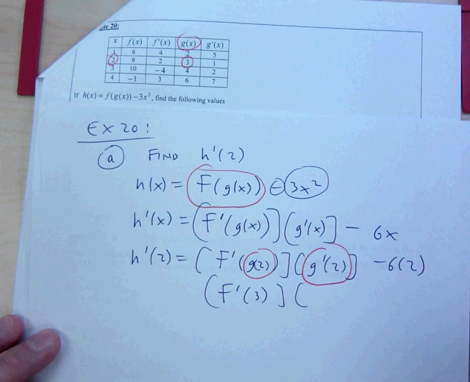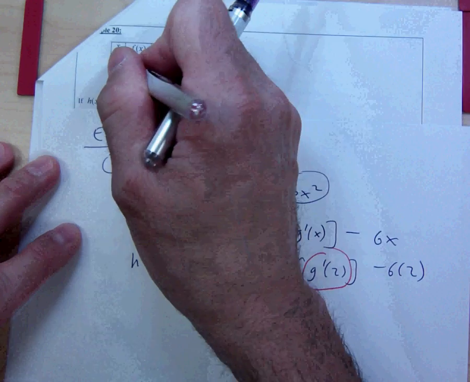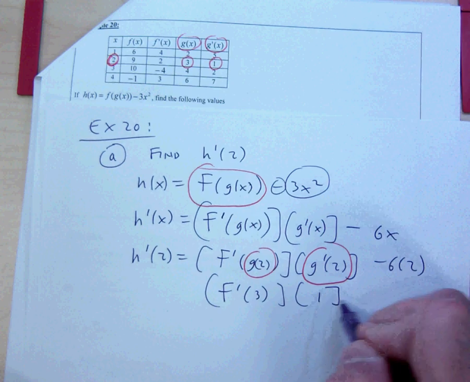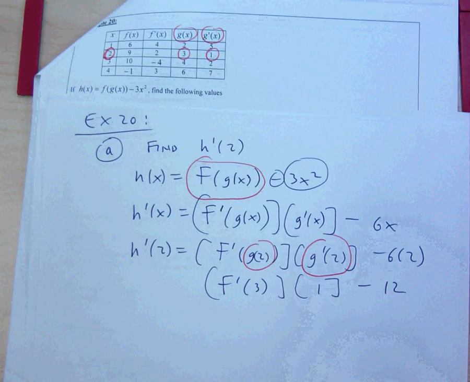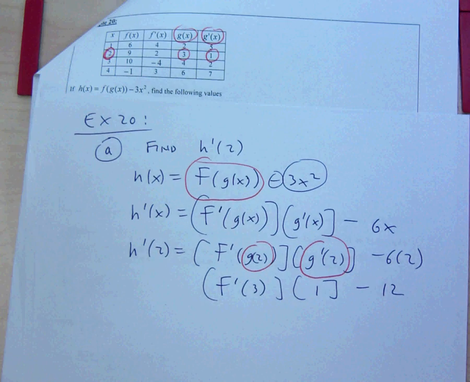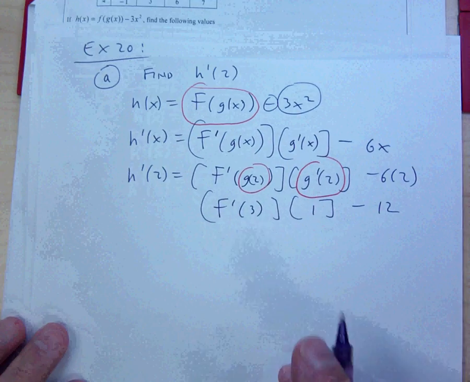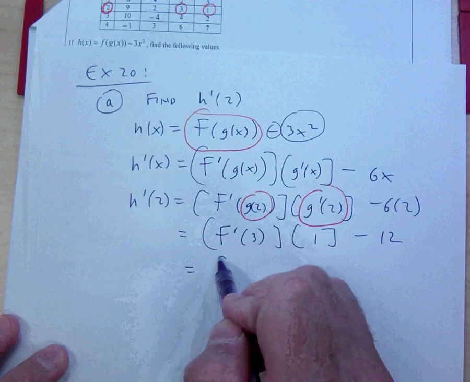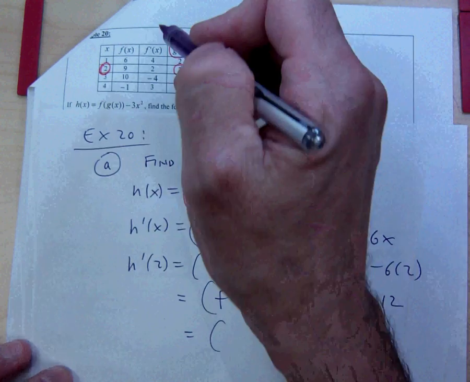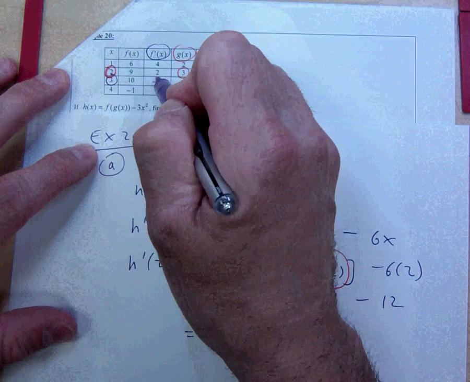Well, again, g prime of 2 is 1. So put a 1 there. And then this is obviously just 12. Everybody with me on that? Yes? Okay, and then from your table, now what is f prime of 3, guys? Again, looking at your table, what is f prime of 3? What is it? -4.